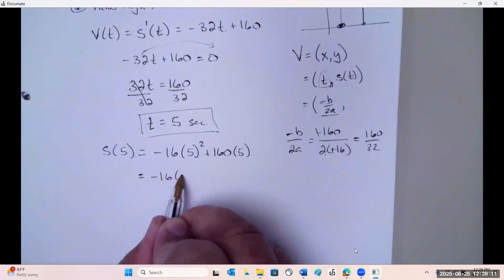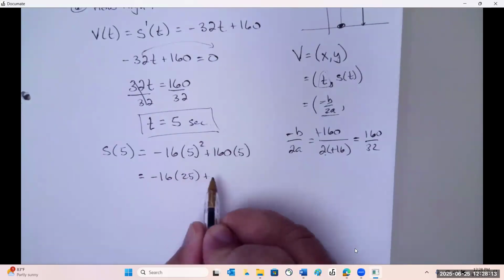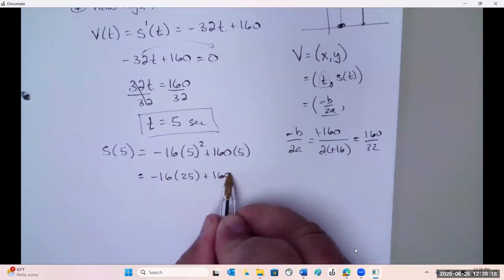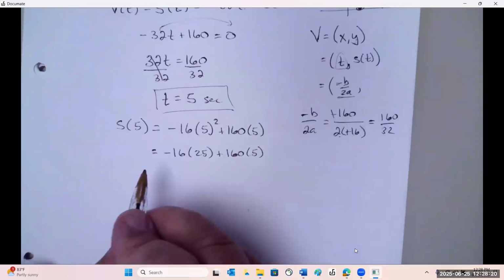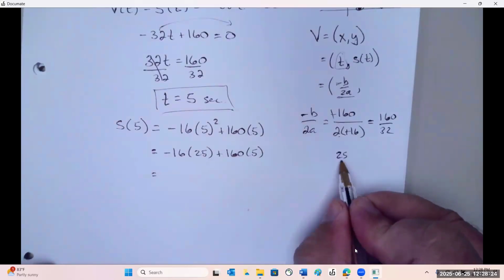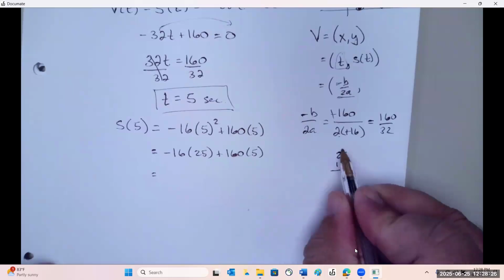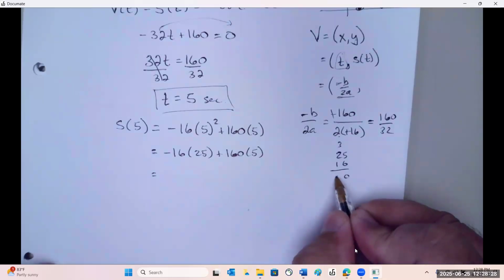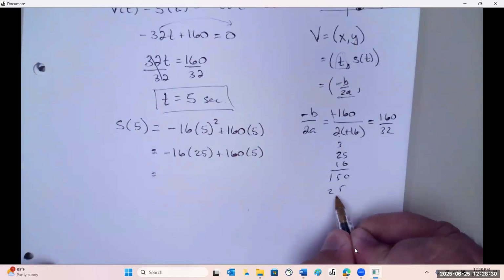Negative 16 times 25 and 160 times 5. 25 times 16 is 400.